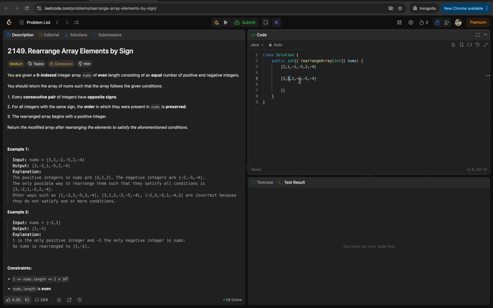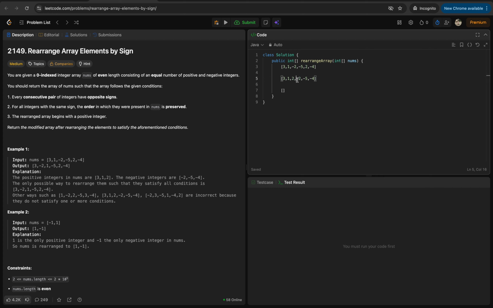1 will go here, 2 will go here, no, 3 1 will go here, right? So 3, how will we mix it then? After 3 we need -5, sorry, after 3 we need -2.